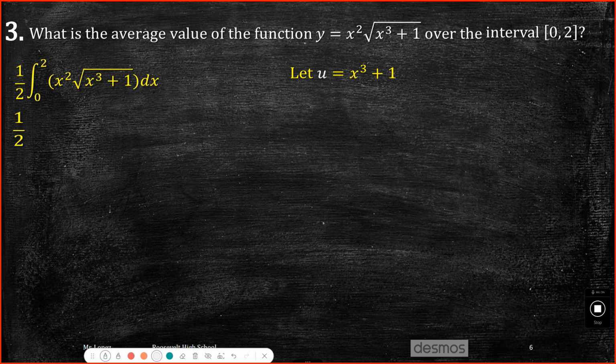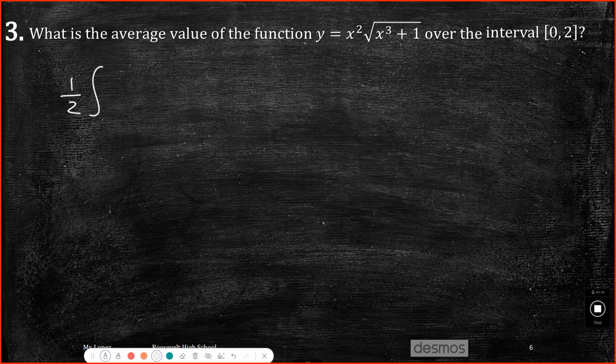Okay. So let's see. Let u equal that. Let's go back and change the bounds. So it would have been 1/2 integral from 0 to 2 of x squared times the square root of x cubed plus 1.